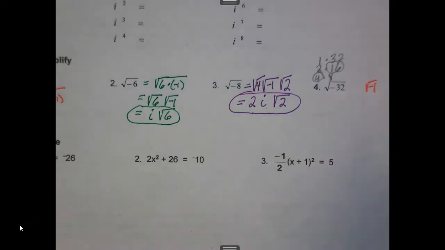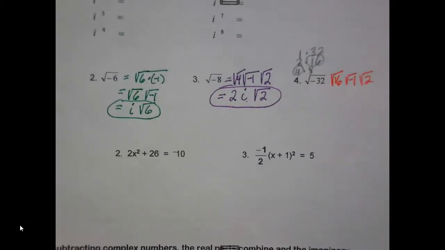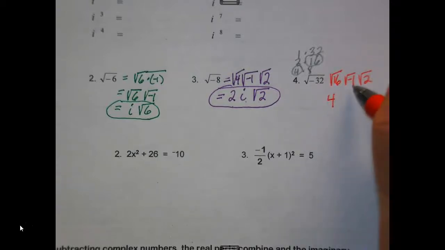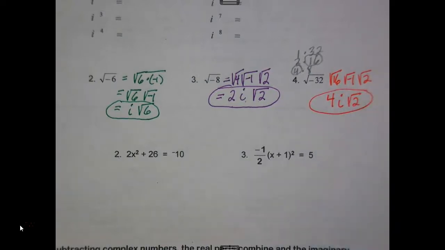So I'm going to break this up into the square root of 16 times the square root of 2. The square root of 16 is 4, the square root of negative 1 is i, and then the square root of 2. Yes, and the order matters as far as rational numbers, i, and irrational numbers. Pretty easy, right? Okay, that's simplifying radicals with negative numbers.